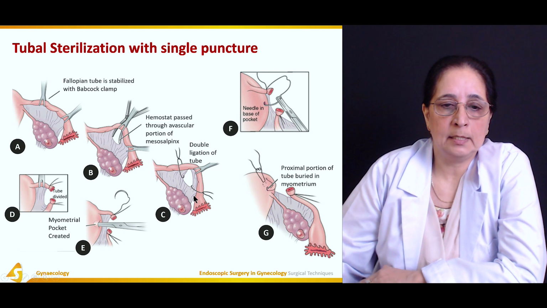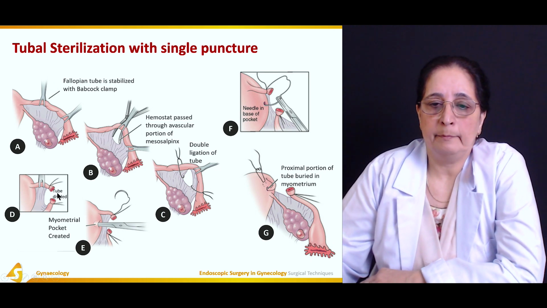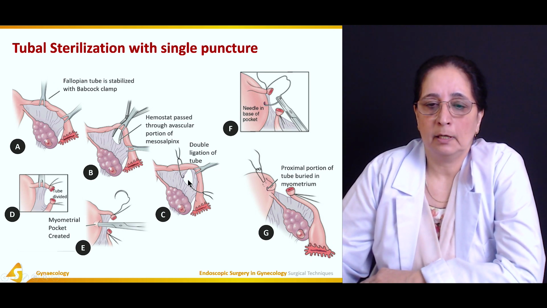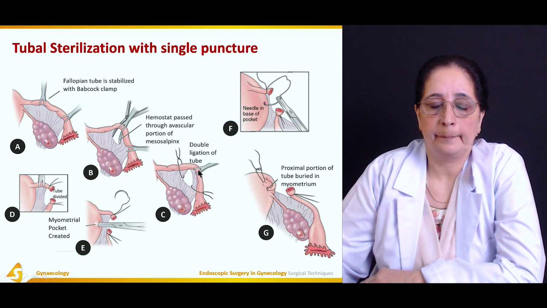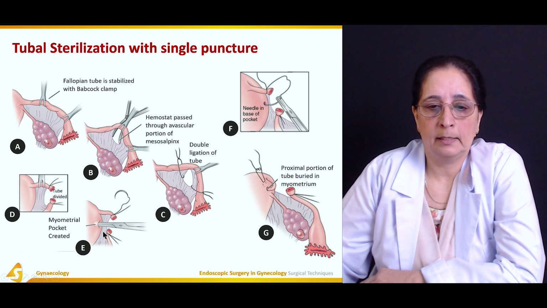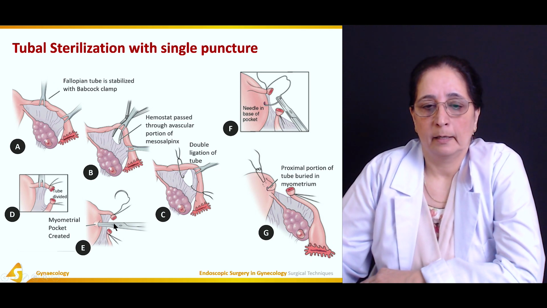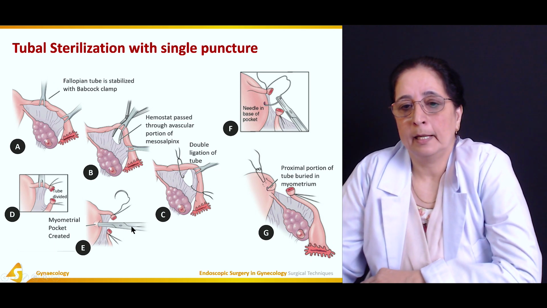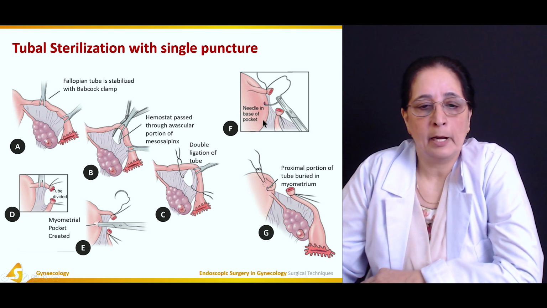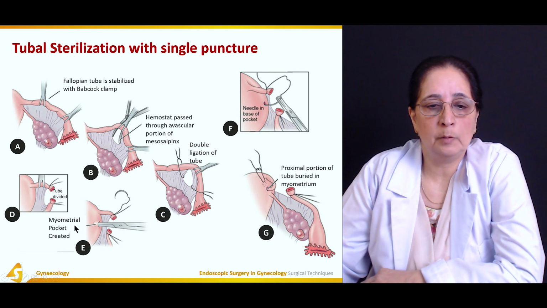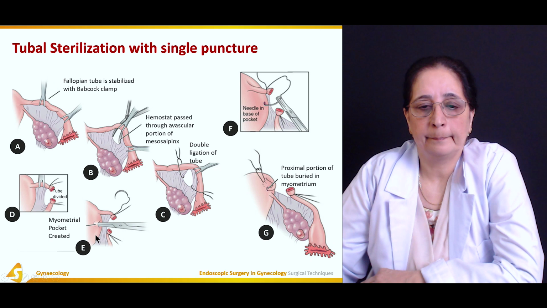Then after this, the tube is divided. Between the ligations, they cut the tube. Here, the tube is divided. And then a myometrial pocket is created, myometrium is the muscle layer here.